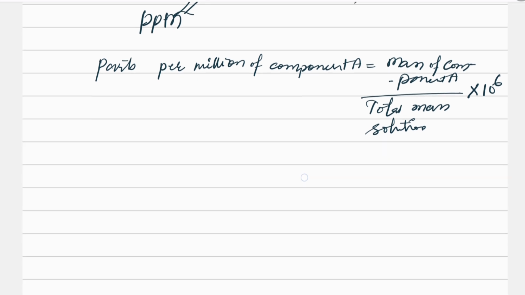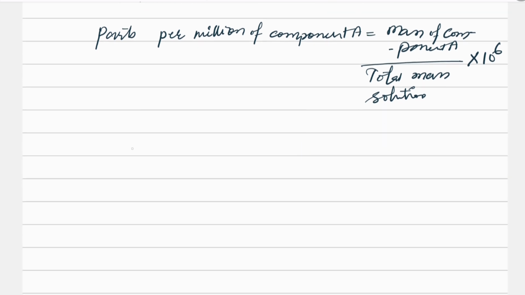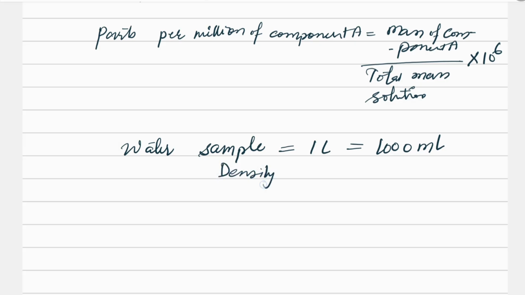Let's take an example. You have been given a water sample, and its mass or volume, anything, is given. Suppose its volume is given as 1 liter. 1 liter means 1000 milliliter. It is also given that the density of the water is, suppose, 1 gram per milliliter.